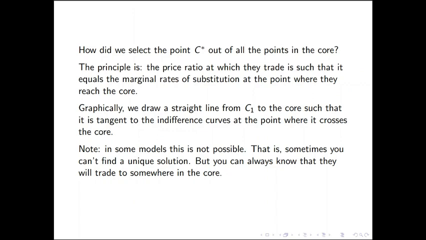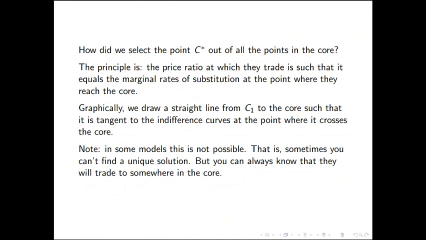Now, in some models, you cannot do this. It can be, for example, because there is no point at which the players have the same marginal rate of substitution. Or it can be that the marginal rate of substitution is not defined at all. Both of these things are possible.